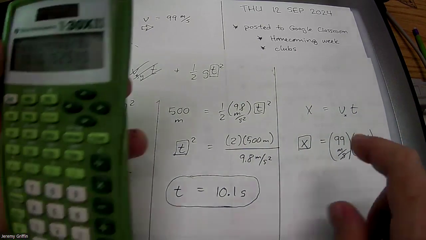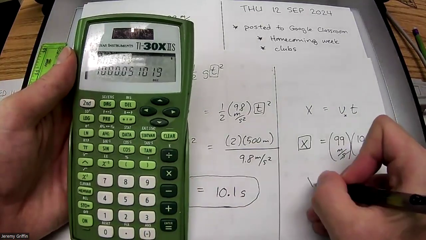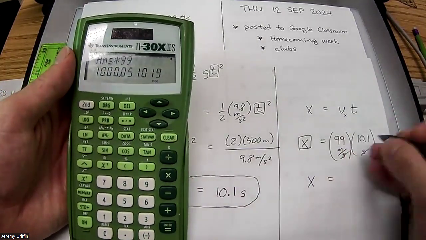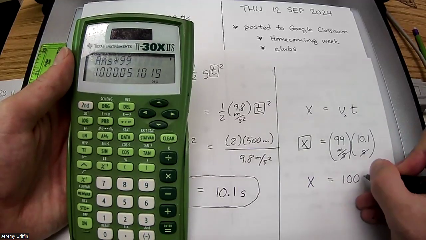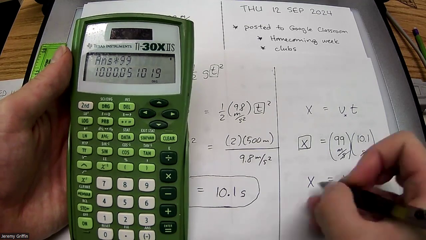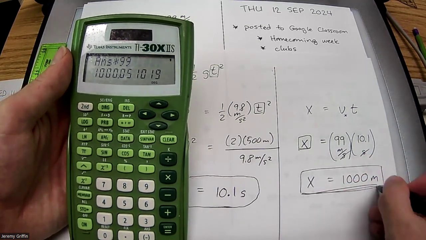Seconds cancel, we get meters. So 10.1 times 99, I'm getting about 1,000 meters. Bam. 1,000 meters in advance.